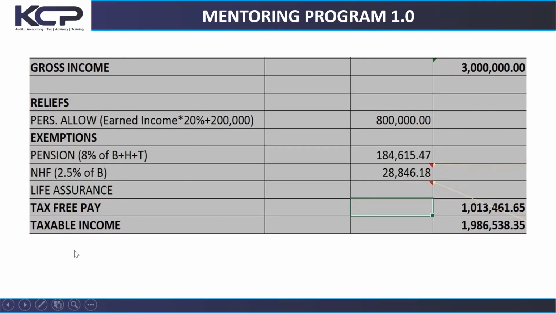This estimate was actually done on the premise of the old tax law. So you have to look at the total income, which is 3 million. The consolidated relief allowance is 20% of the gross income. Somebody should compute this particular PAYE based on the new tax law.